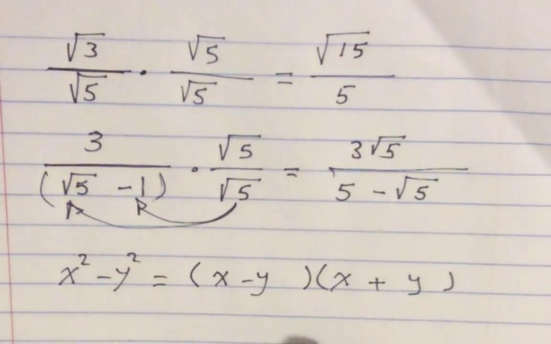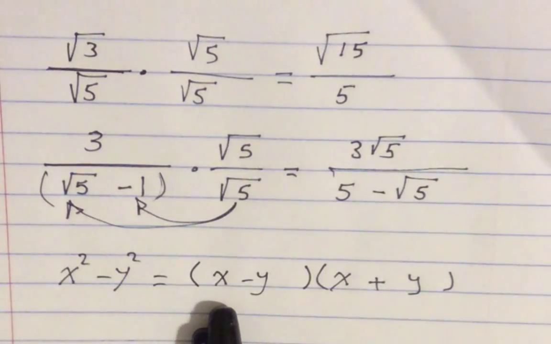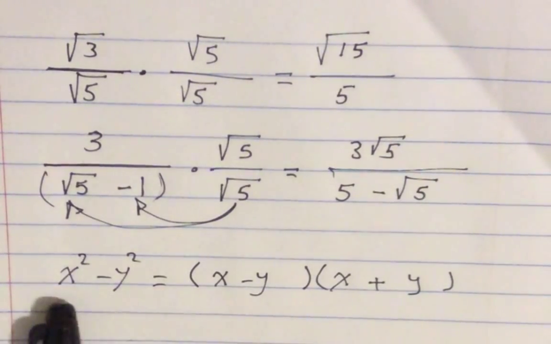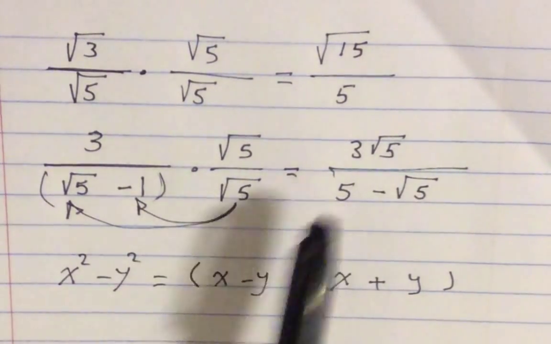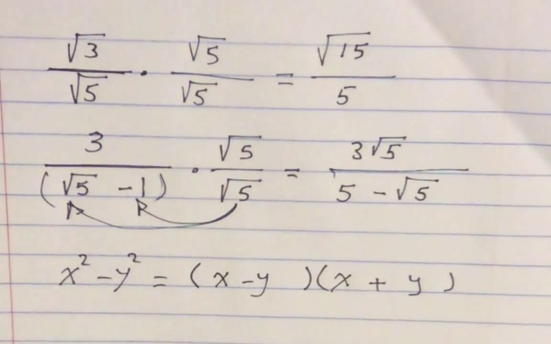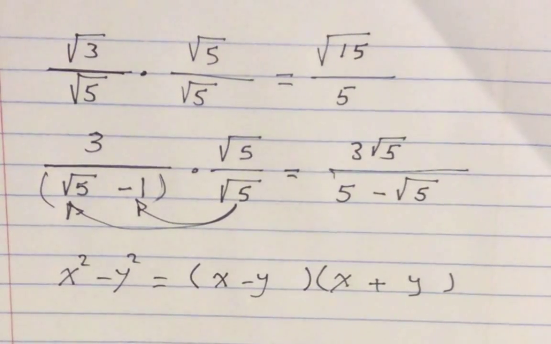When we multiply sum and difference of two binomials, we get two squares. And the good thing with the square, if this x is the square root of 5, then when we square it, we get regular 5. So this idea, or what we learned before, we can use it in here.